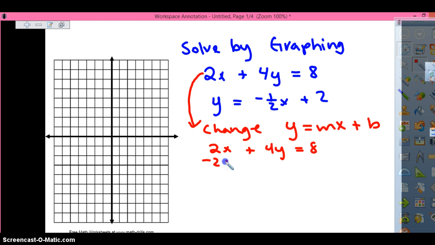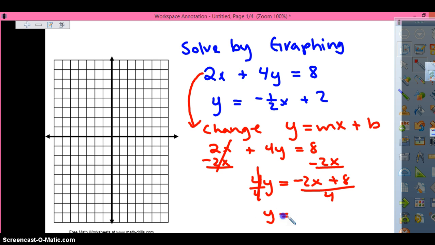I need to subtract 2x from both sides. Divide by 4 on both sides. So y equals negative 1 over 2x plus 2. Negative 2 over 4 is simplified to negative half, and 8 divided by 4 is 2.